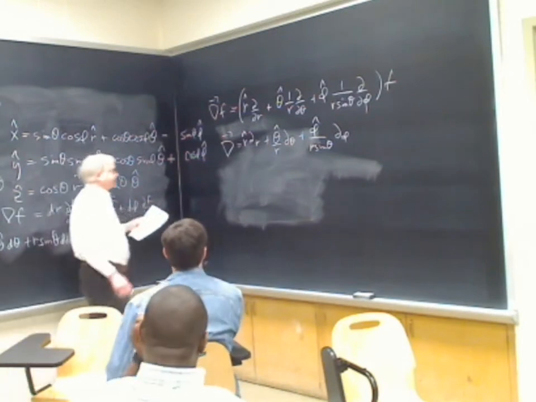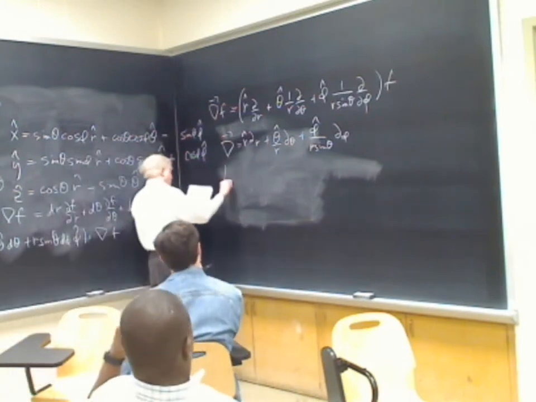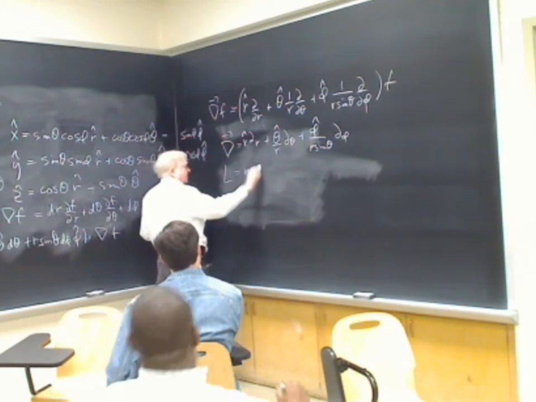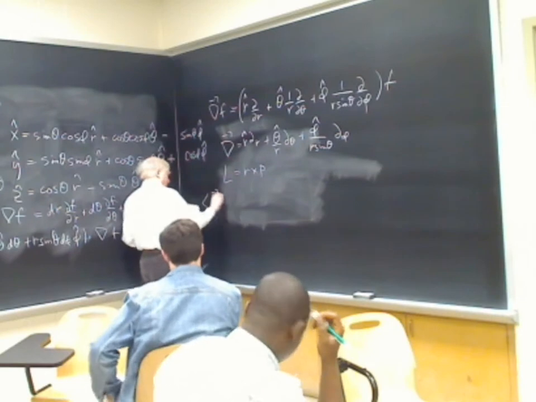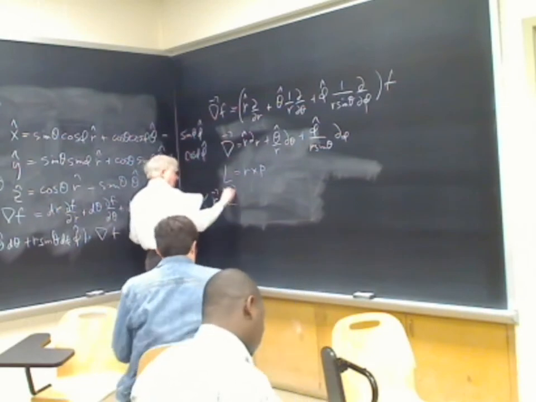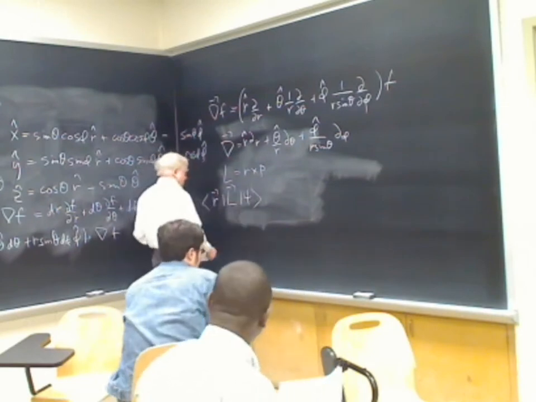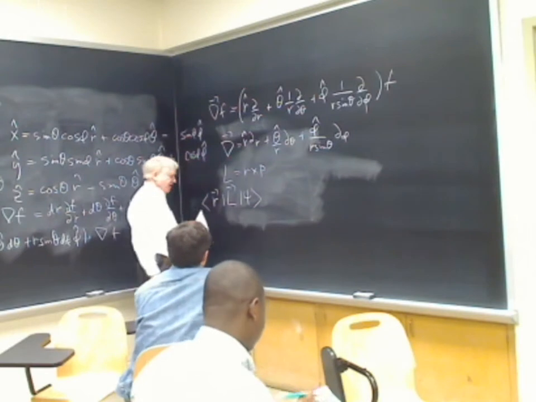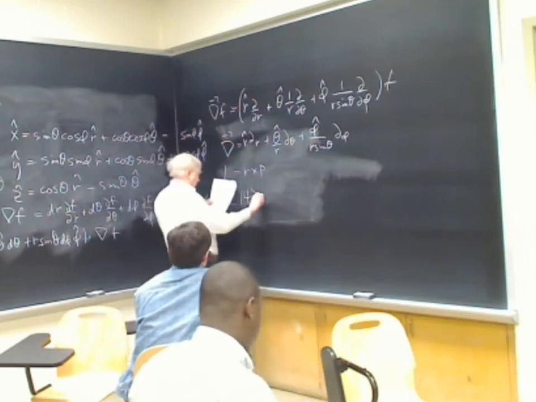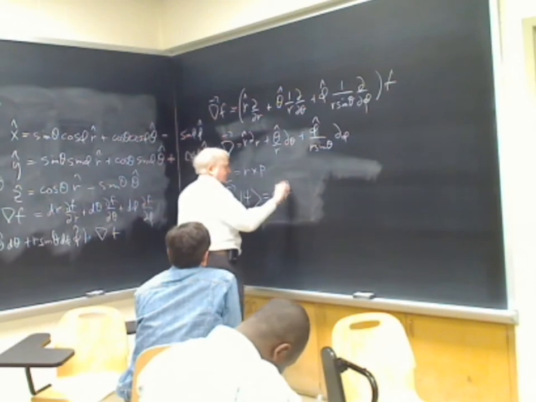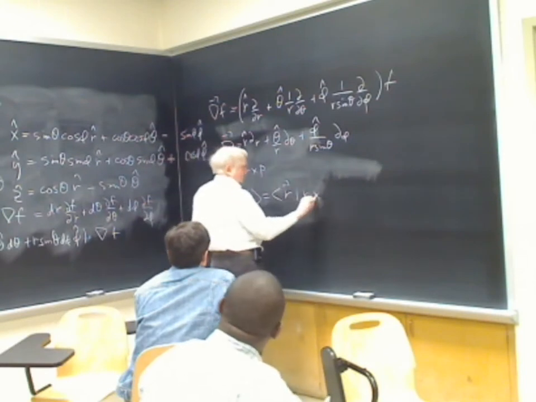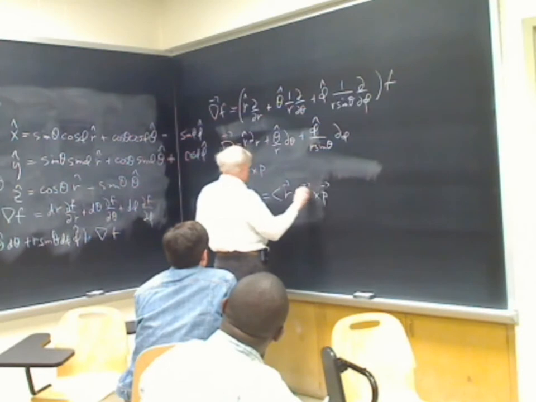Okay. Well, we know that the angular momentum is r cross p, and if we have a state here r, and this is L, and then an arbitrary state, so this is a position eigenstate, then in this case what we would have is r cross p psi.